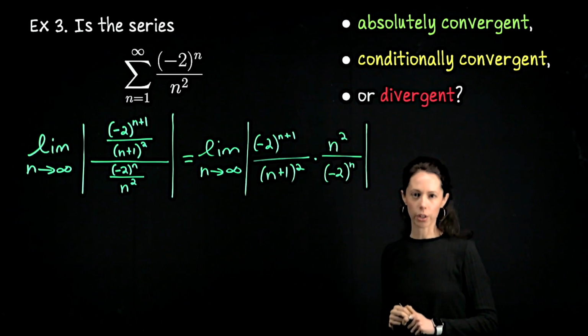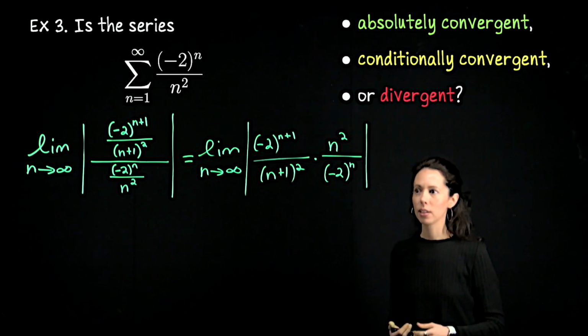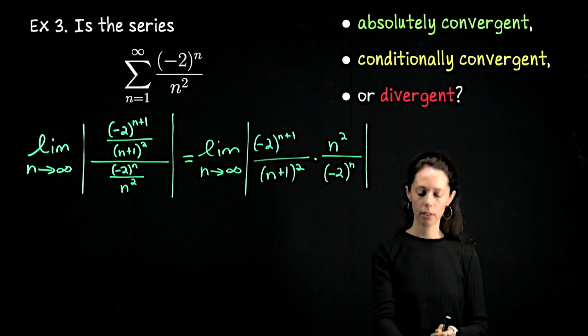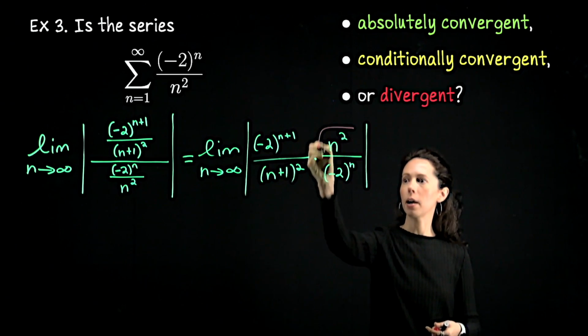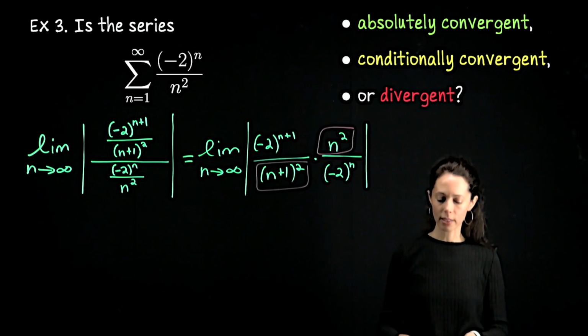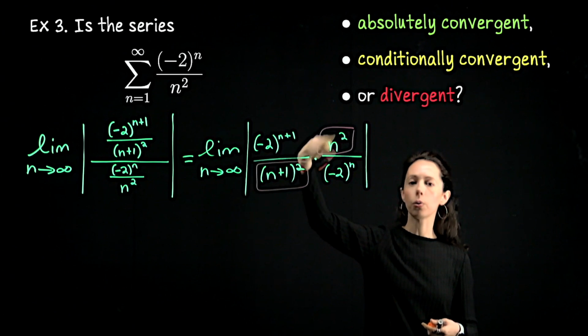When you do the ratio test, you look for like terms to compare. So here, n squared and n plus 1 squared, I'm going to compare those. So it would be natural to pair up this expression with this expression. Likewise, it would be natural to pair these -2 to a power terms.